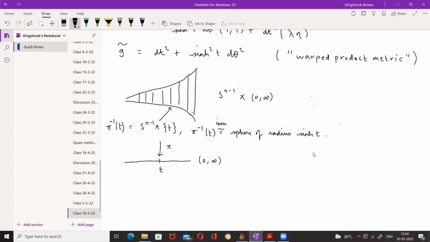So just one question, about the polar decomposition we have seen here. Here in real hyperbolic space, we are getting S^{n-1} cross (0, infinity), this sort of polar decomposition.